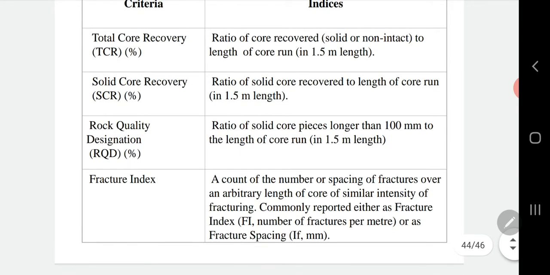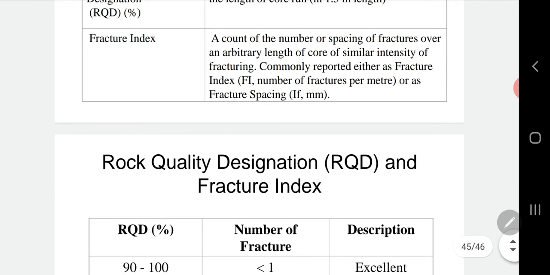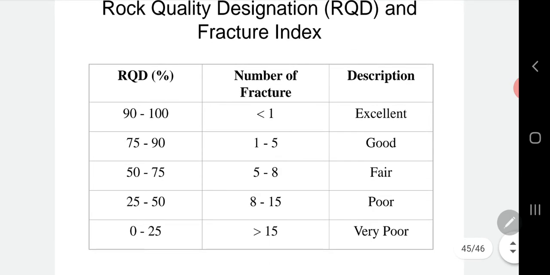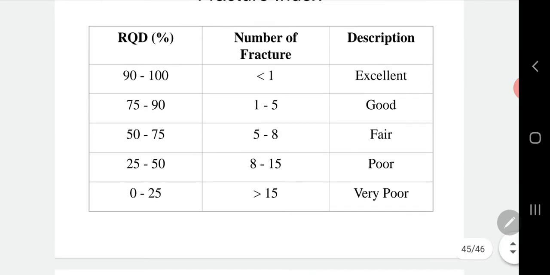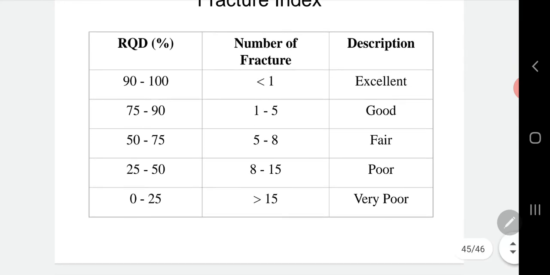You also have the RQD, or rock quality designation, and the fracture index. This is how you interpret: if you have RQD 90 to 100%, and the number of fractures is 1, the description is excellent.